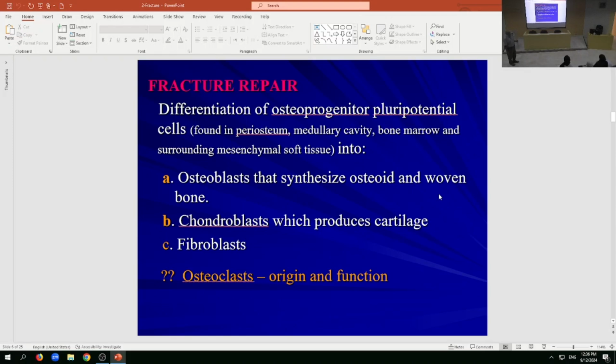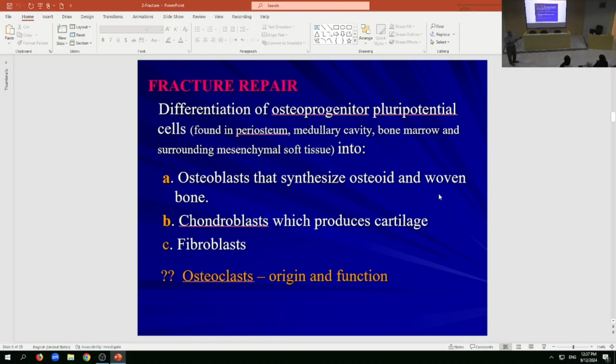Same with the chondroblast. With healing of a fracture, you find cartilage. If you don't see it radiologically, but you see it microscopically, there is cartilage formed by these chondroblasts. These chondroblasts came from the osteoprogenitor cells, which are the stem cells.